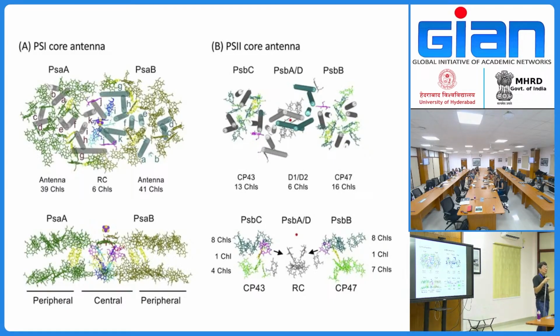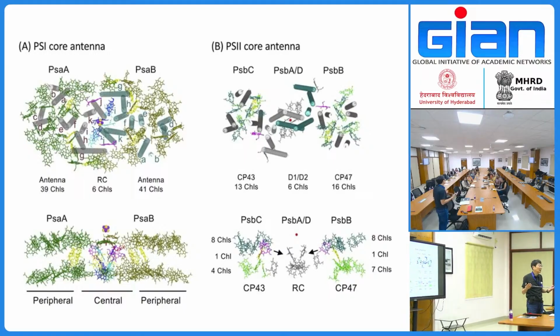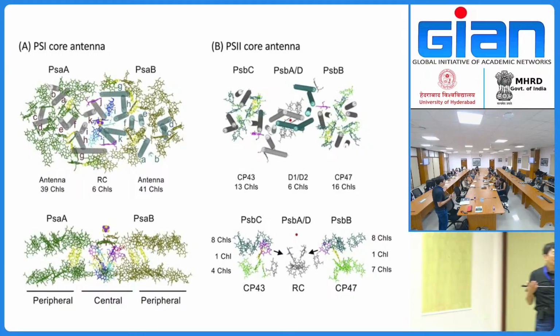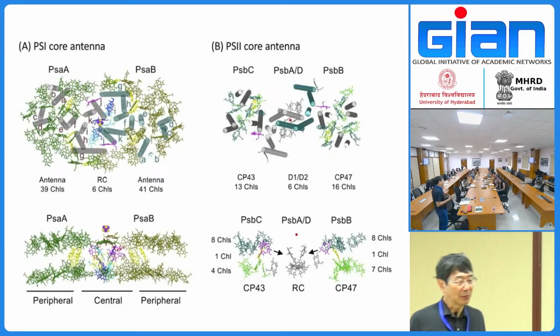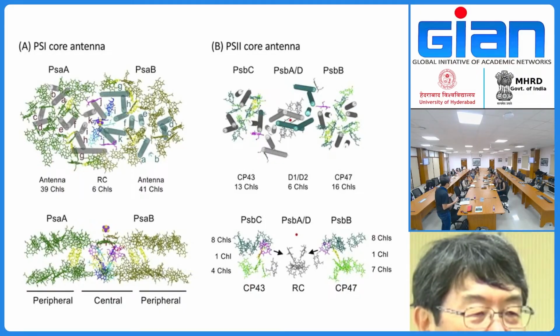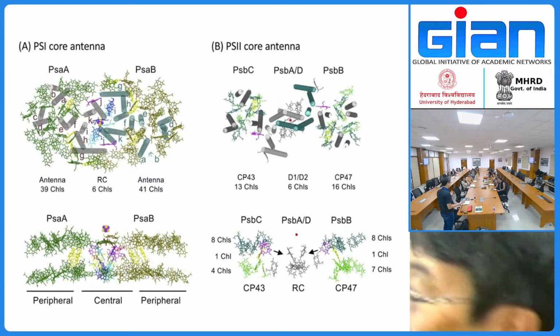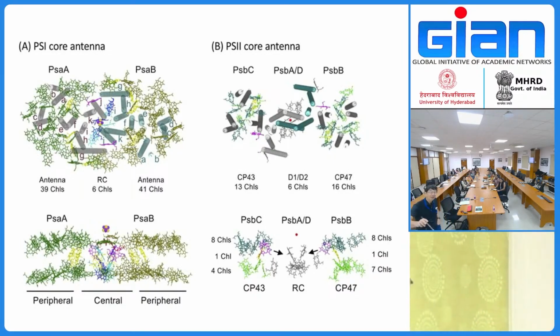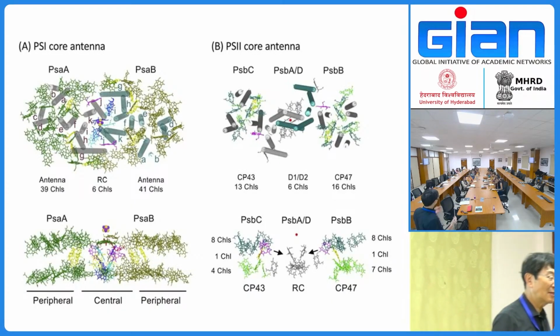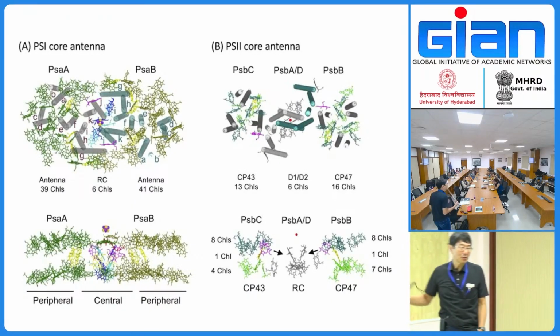So in the beginning, when we determined the amino acid sequence of PS1 subunits and PS2 subunits, they were not similar. So most researchers thought photosystem 1 and photosystem 2 developed independently from different origins. But looking at the primary structure, it's difficult to say PS1 and PS2 are similar.